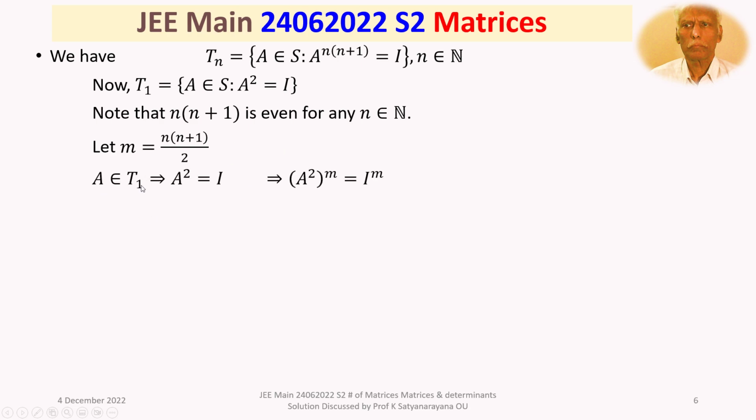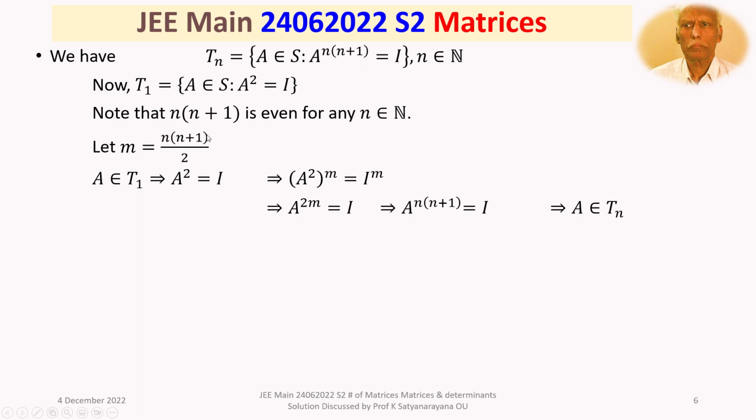Now A belongs to T1 means A square is equal to the identity. Raise both sides to the power of m: A square to the power m is equal to I to the power m. That implies A to the power 2m is equal to the identity. What is 2m? n into n plus 1. So A to the power n into n plus 1 is equal to the identity, which means A belongs to Tn.